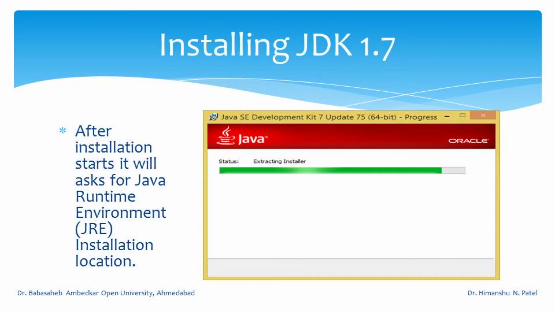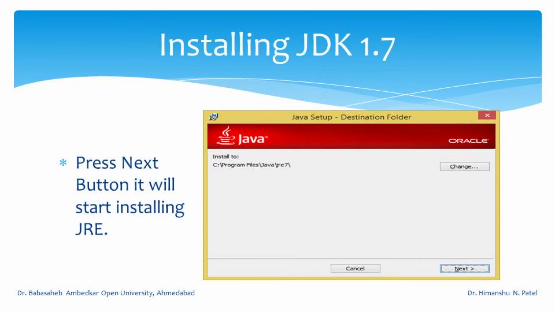runtime environment, which is also known as JRE, where you have to specify the path for the Java runtime environment. Here also you can change the installation path for the Java runtime environment. Once it is set, or you want to use the default path, then you have to press the next button and it will start installing JRE.